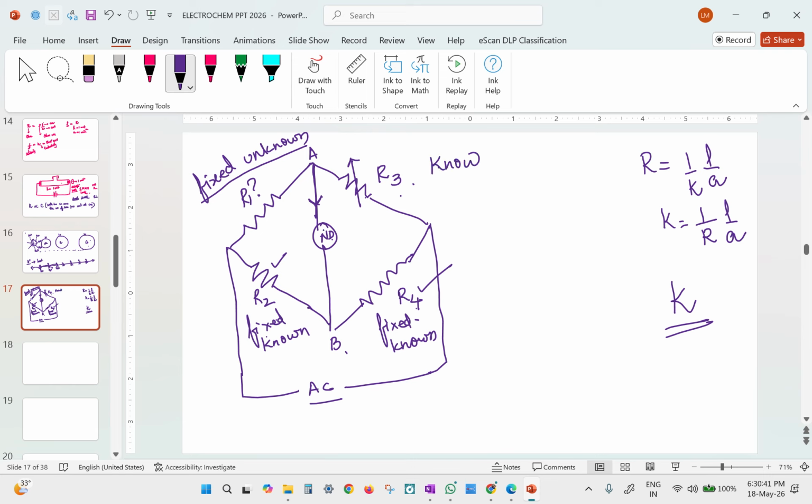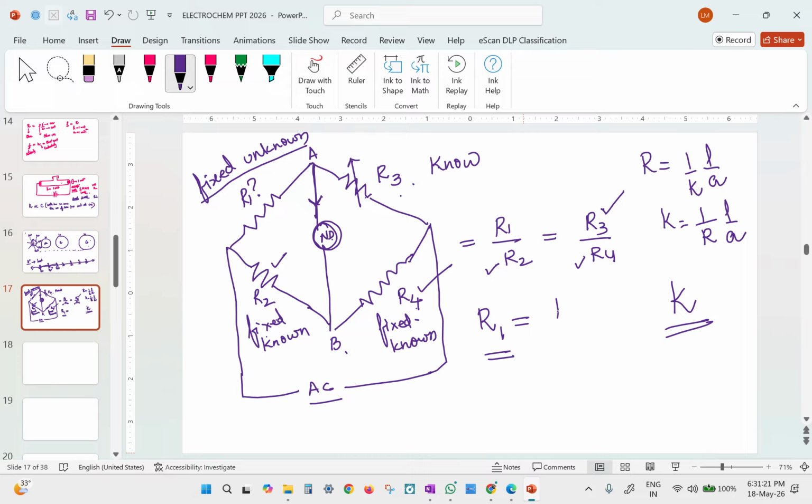Now, when there is no current flowing through this setup, this whole setup is said to be a Wheatstone bridge. According to the principles of Wheatstone bridge, R1 by R2 is equal to R3 by R4. Now, we know R2, we know R4, and just now using the variable resistor or the rheostat, we also got the value of R3, such that there is no current flowing between point A and B. Using R2, R4 and R3, we can very well find out the unknown and fixed value of R1.